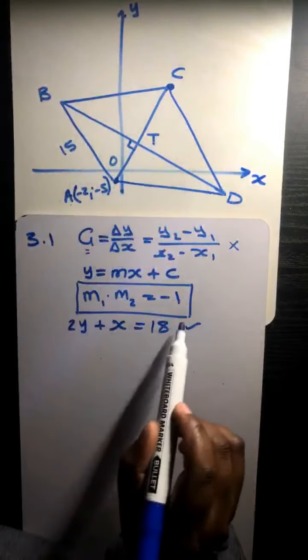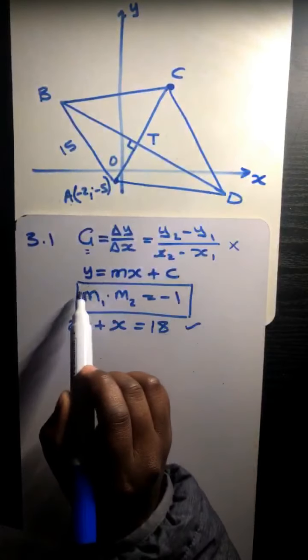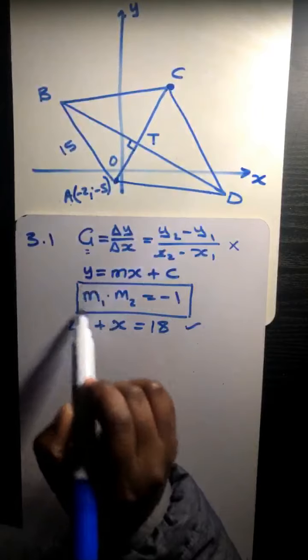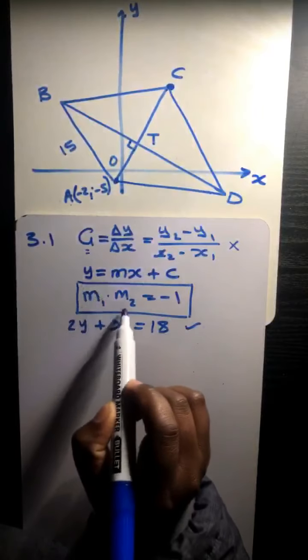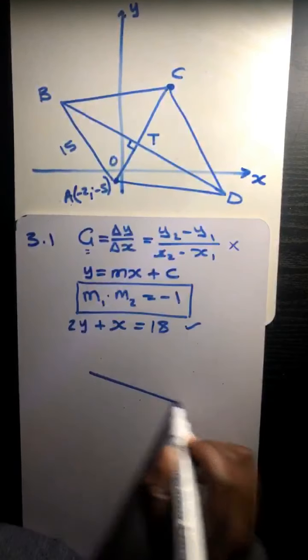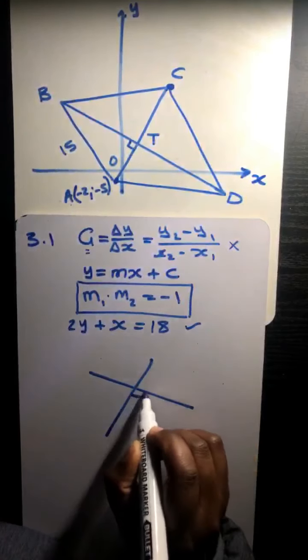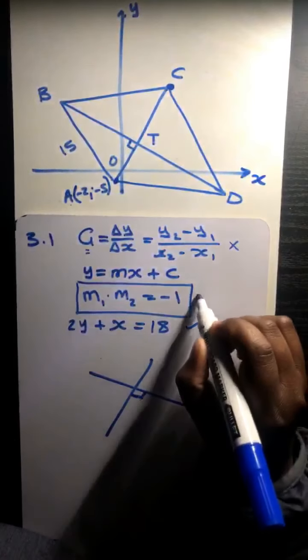So that means you can use this equation to find equation number 2. Once you've calculated equation number 1 or 2, then you can calculate the other one. So this is what is going on, guys. When you have a line and another line crossing it, and they say at that cross it forms 90 degrees, you always use this formula.